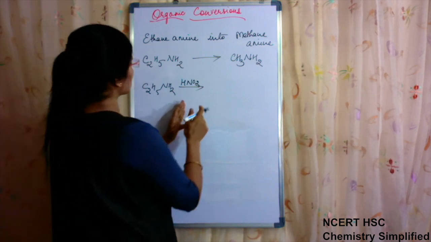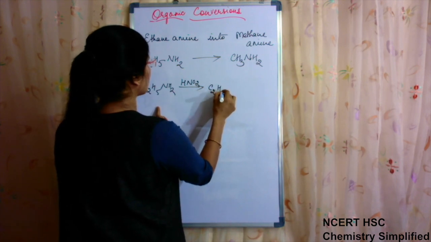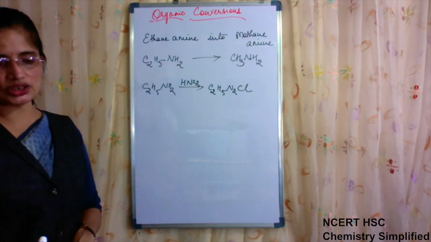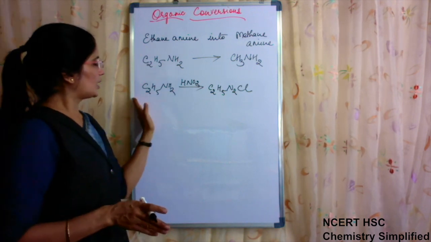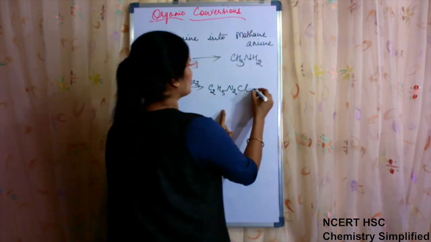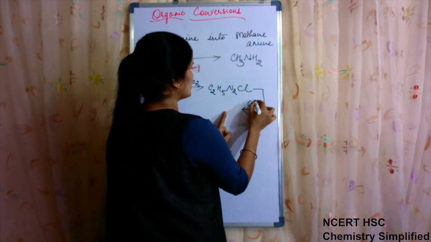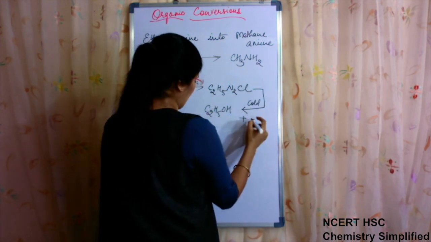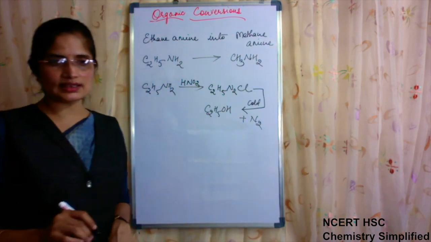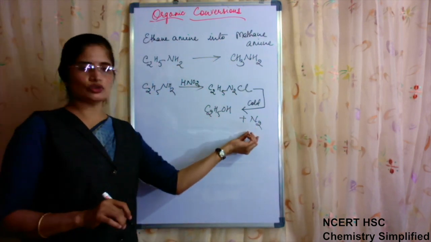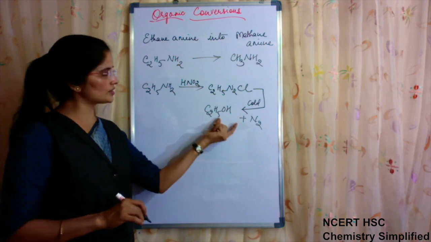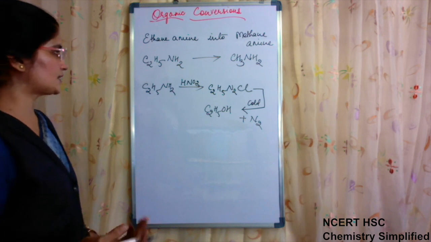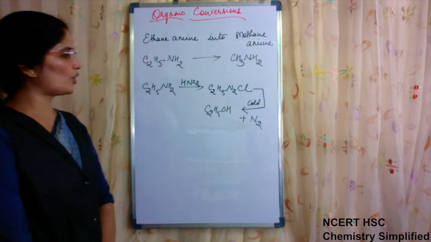So when this reacts, we get C2H5N2Cl, diazonium chloride. This again reacts with nitrous acid, in which aliphatic amines even at cold temperature decompose to form C2H5OH, and nitrogen gas is evolved. We have done this reaction as a test because nitrogen is only evolved by primary amines, to differentiate them from aromatic primary amines. So ethanol is formed.